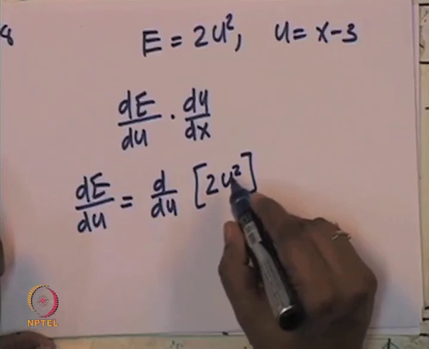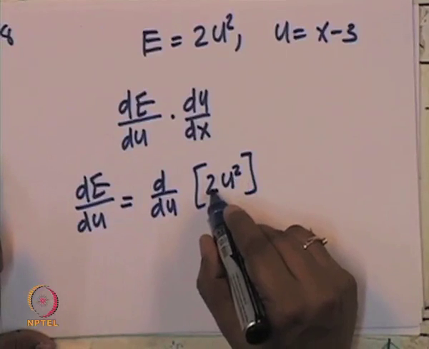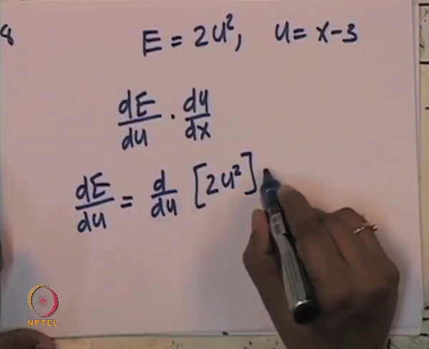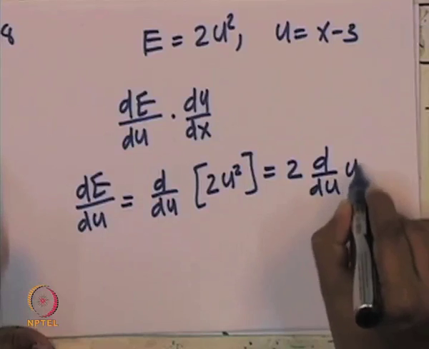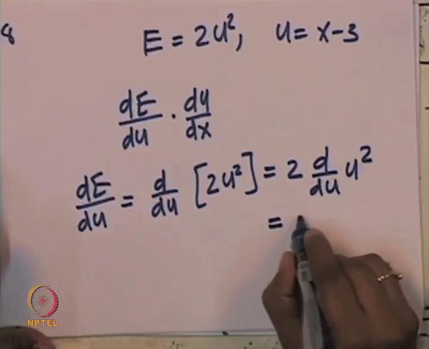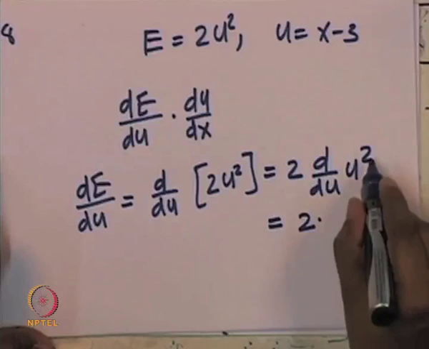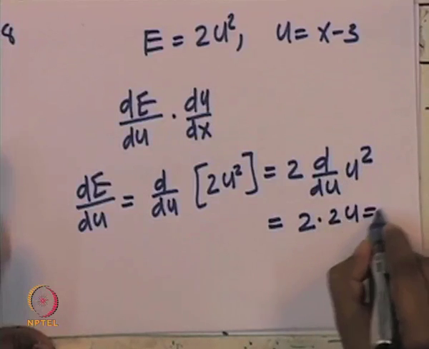According to the rule we learned, 2 is a constant, so we can just take it out. So, this is 2 into d by du of u squared, which is 2 times again 2u. So, this is 4u.